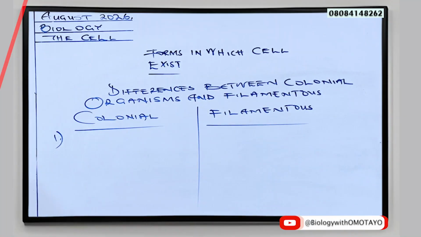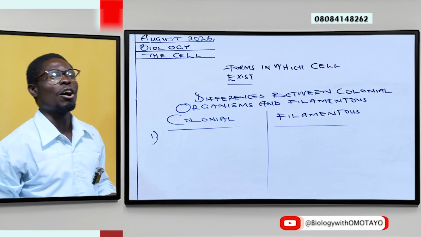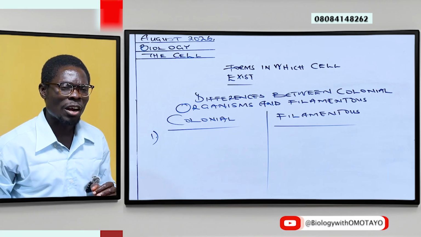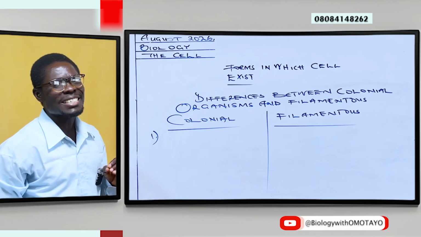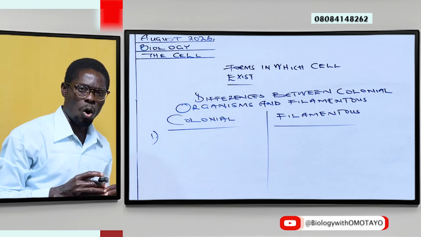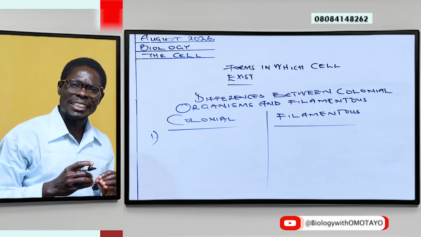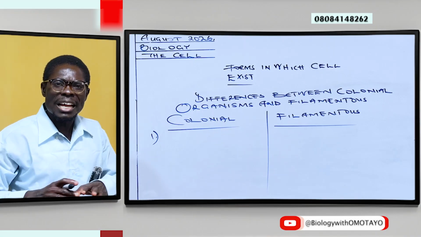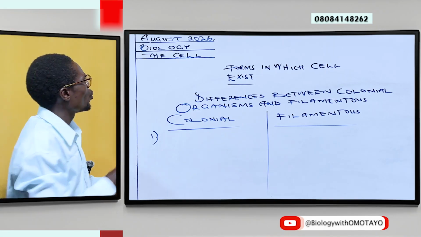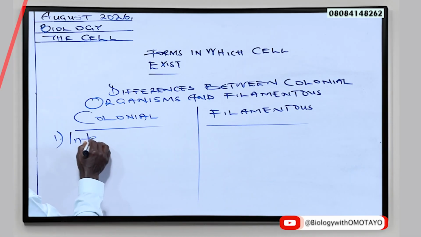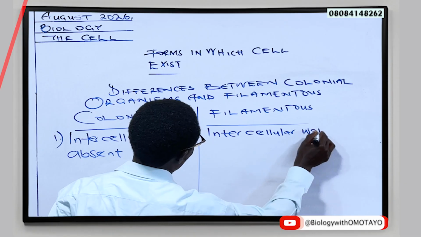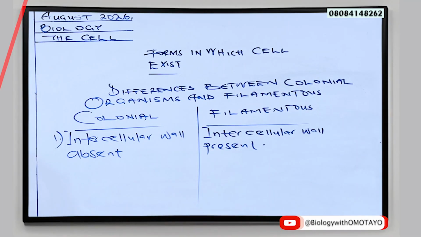Okay, so to start with, for colonial organism, as earlier said, the organisms lack intercellular wall. There is no intercellular wall between the various cells that form the cluster. So intercellular wall absent. While for filamentous organisms, intercellular wall is present.